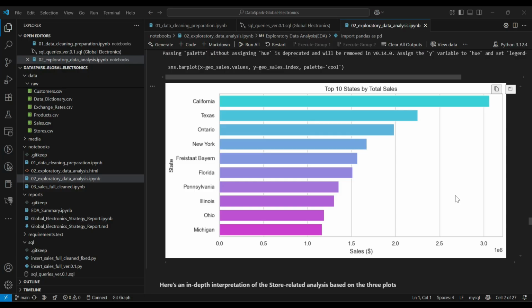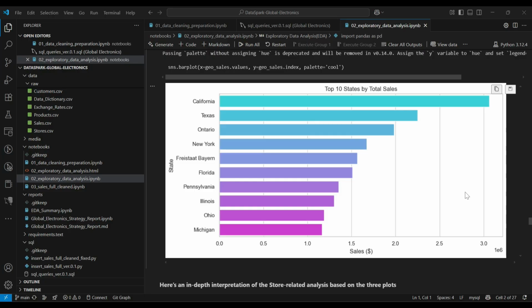Top 10 states by total sales. Insight: California leads all states by a significant margin, followed by Texas, Ontario, and New York. Observation: California alone contributes over $3 million in sales. US states dominate the top 10 list, with one Canadian province, Ontario, and one German state, Freistaat, also making the cut.